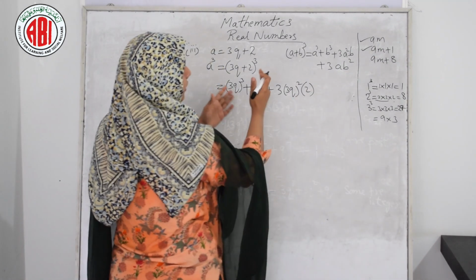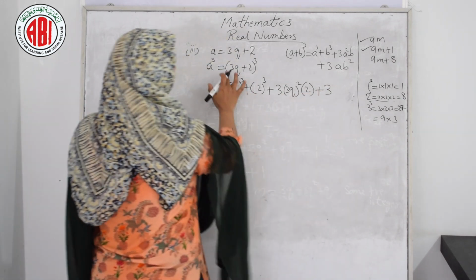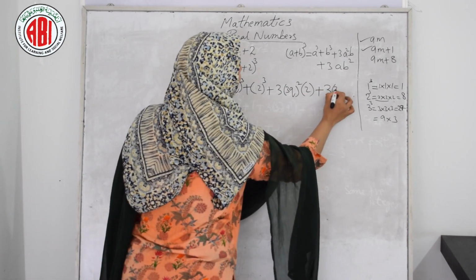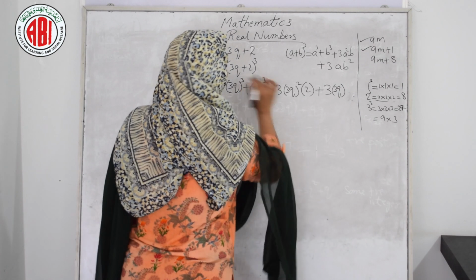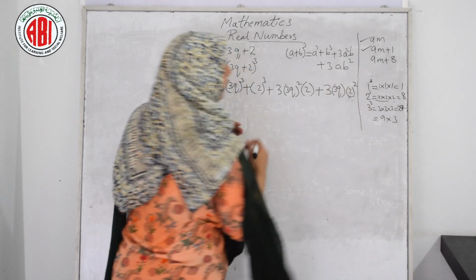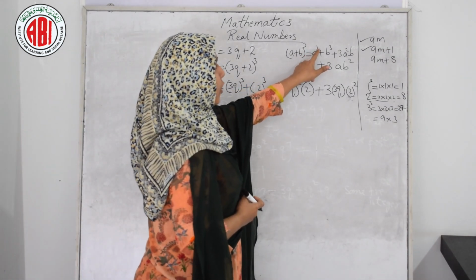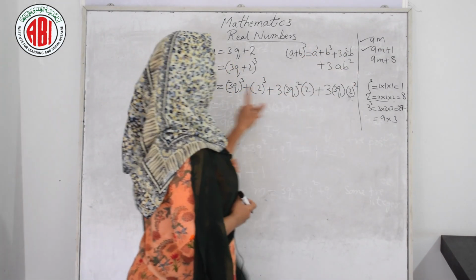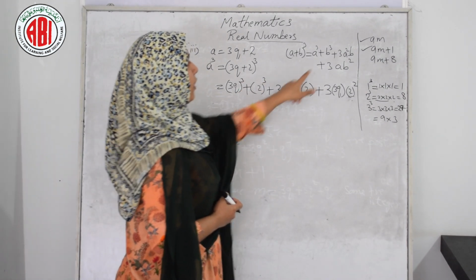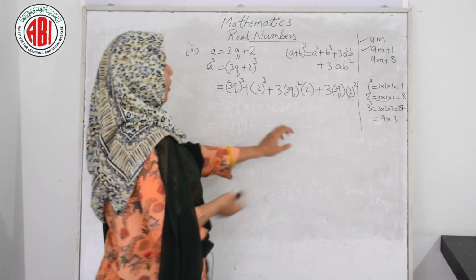First term, second term, third term, plus the last term 3 into 3q into 2 square. Square is also there. While writing you should be very careful with these terms. A cube is there, b cube is there. This is completely one term, 3a square b. You should be very careful.